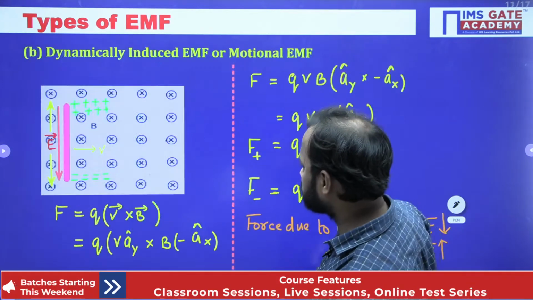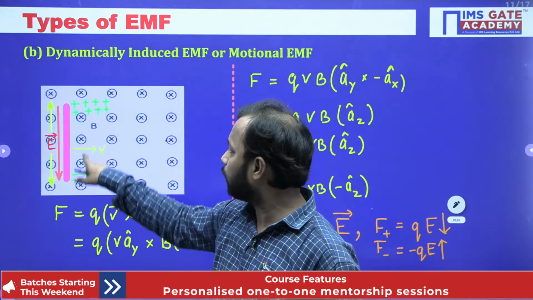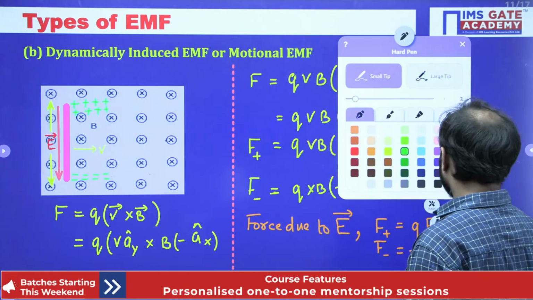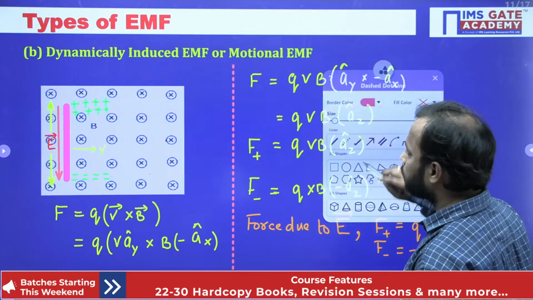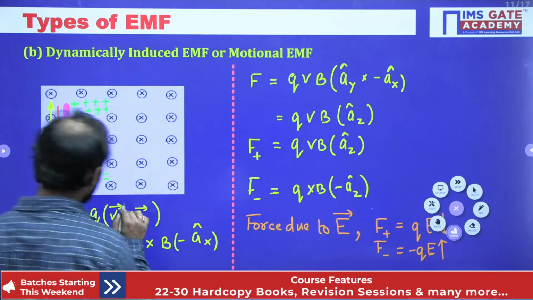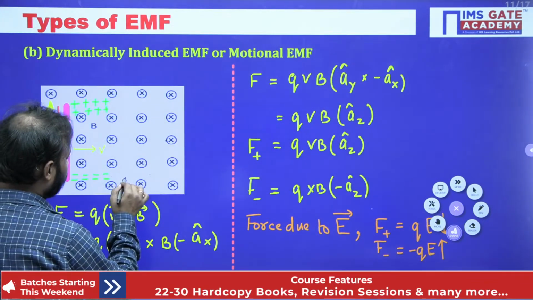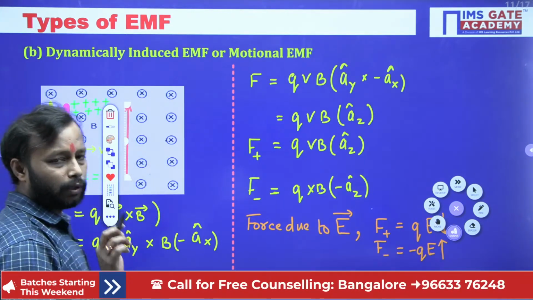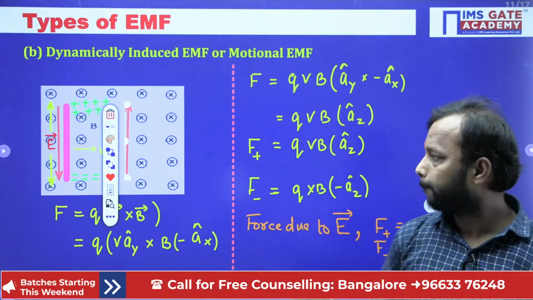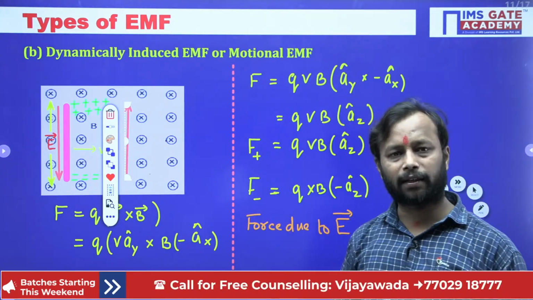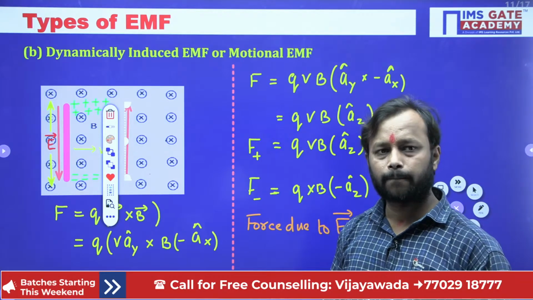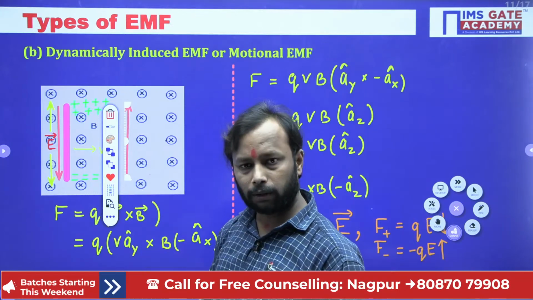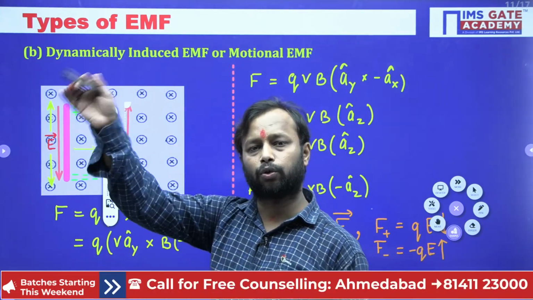Now in this case, negative charge is here and positive charge is here. So we can give the symbol for the EMF like this. In most of the books you have seen such a symbol for the battery or the EMF, where this arrow is always pointing from negative charge towards the positive charge.